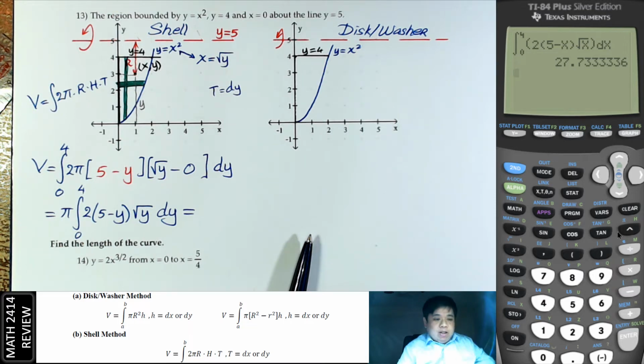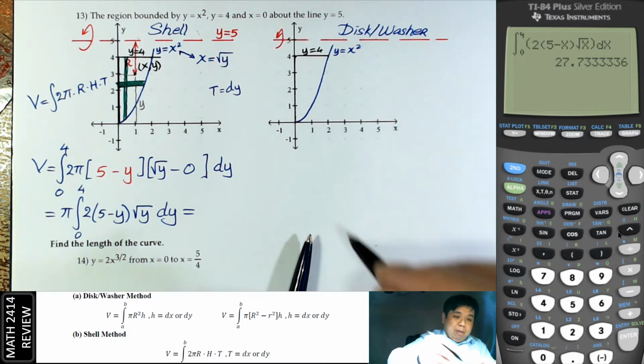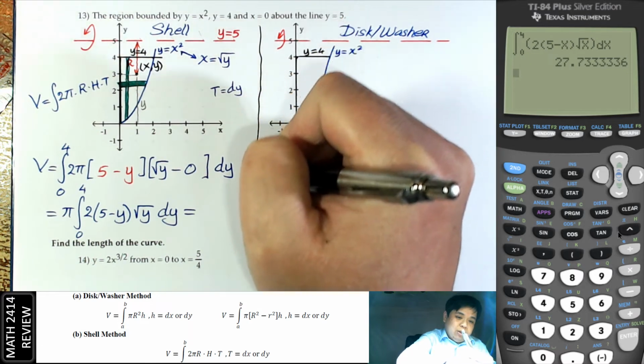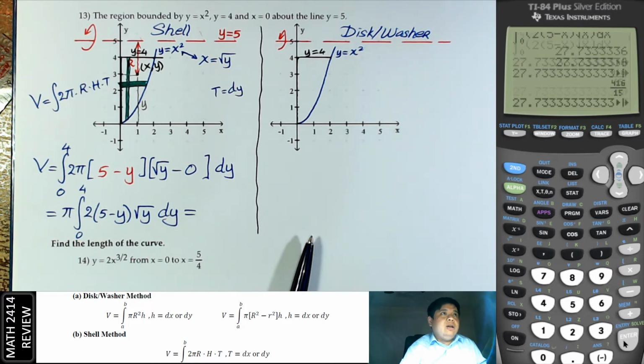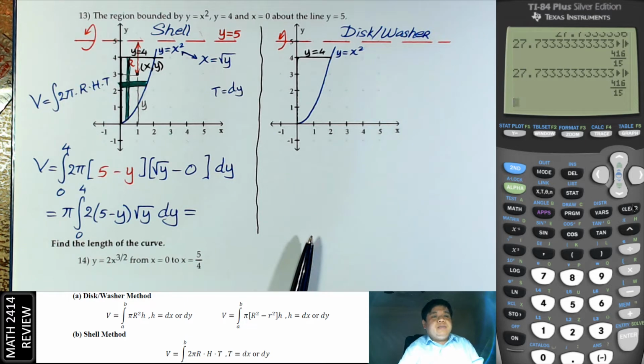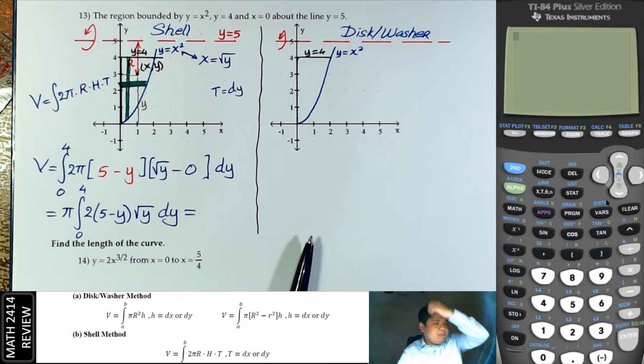Right, just keep that for a moment. Remember, there should be a pi multiplied to it as well. Right, so like 27.733. Usually when we estimate there are some errors, and usually that will be the case. Right, so 16 over 15. I just keep that in my back pocket.